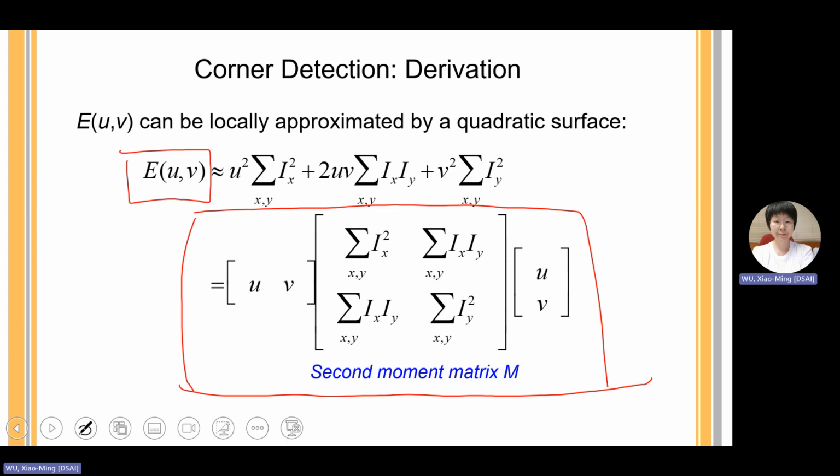And UV are variables for any UV. So the signature of this function is determined by this matrix, which we call the second moment matrix.